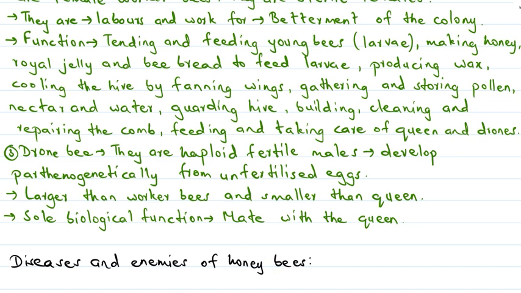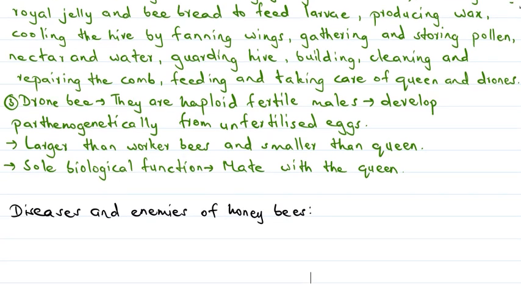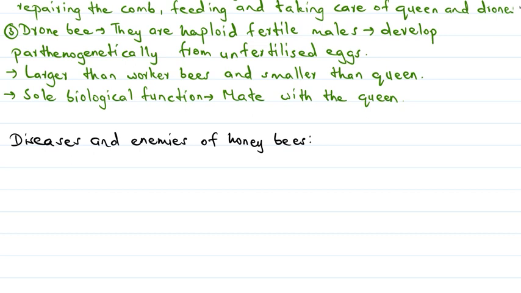Let's see what are the diseases and enemies of the honeybees. Okay, so there are various diseases. First, let's talk about the viral diseases in bees. Okay, so talking about viral diseases, the first disease would be sac brood.